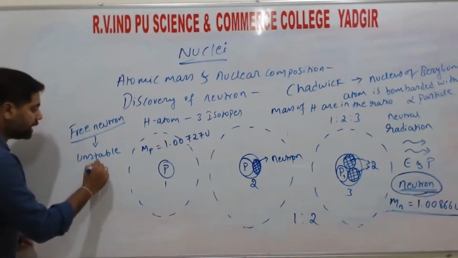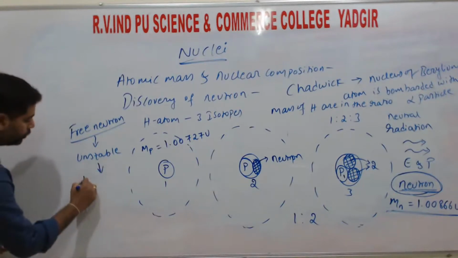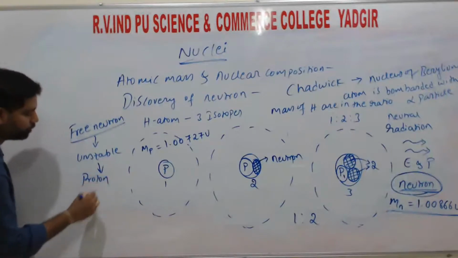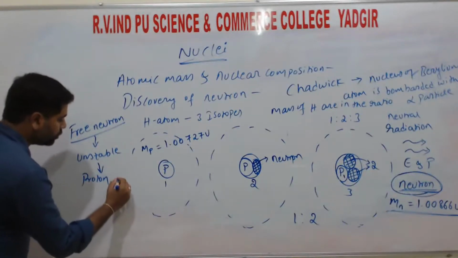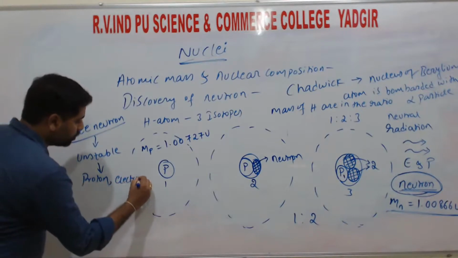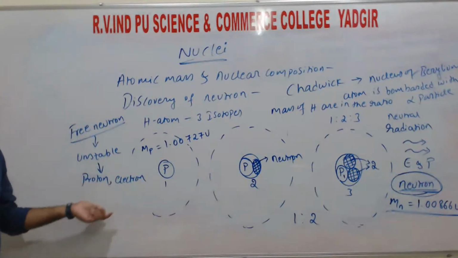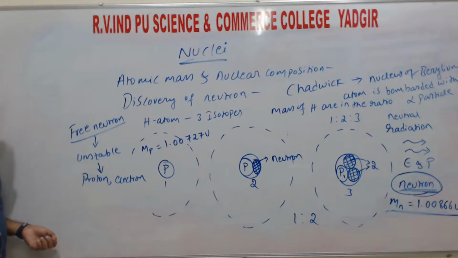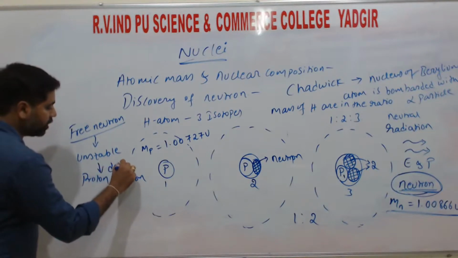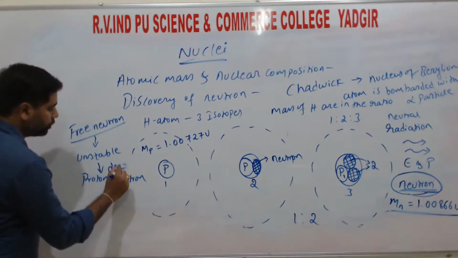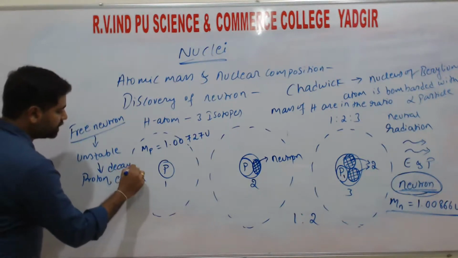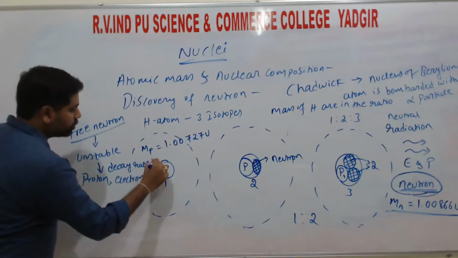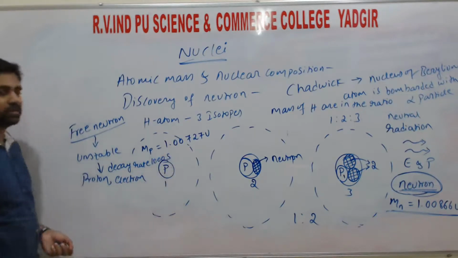It decays into a proton, an electron, and an anti-neutrino. Its decay time is 1000 seconds.